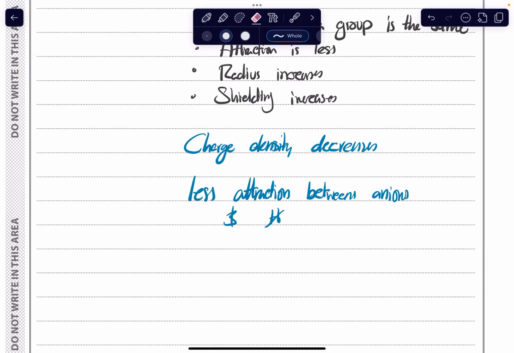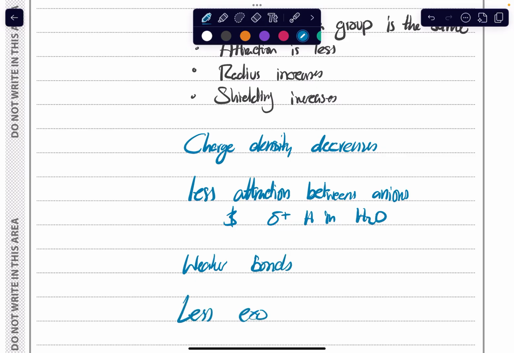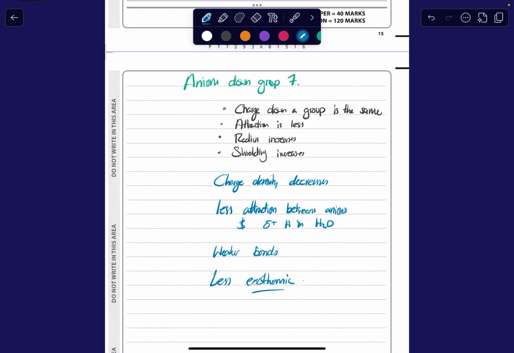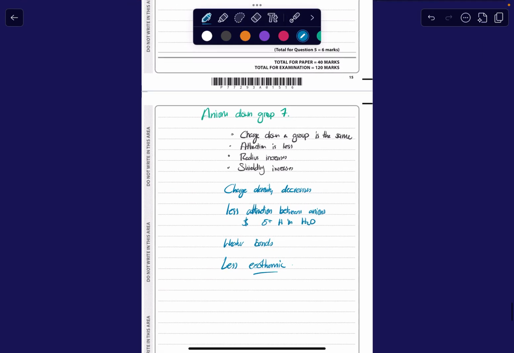In fact, the delta positive hydrogen in water. Less attraction means weaker bonds, which means less exothermic. And that's what this question really wants from you.